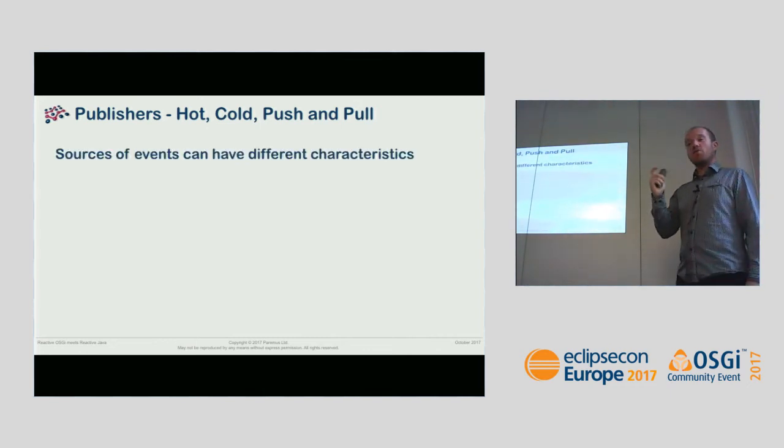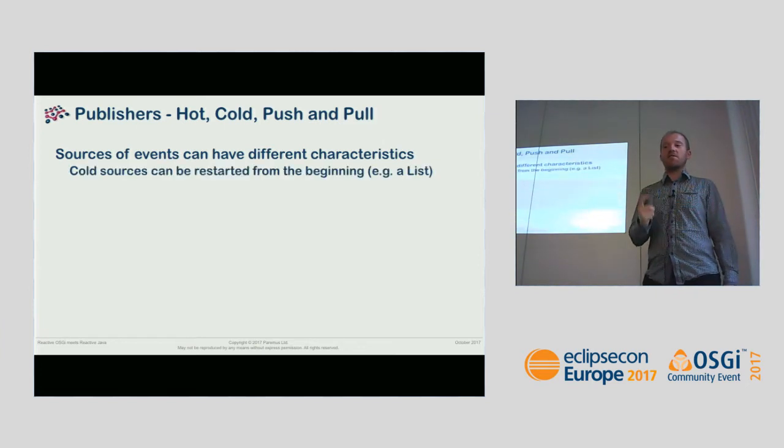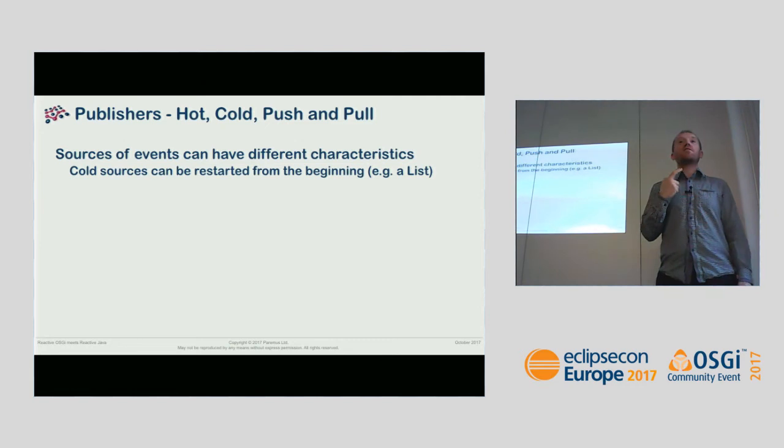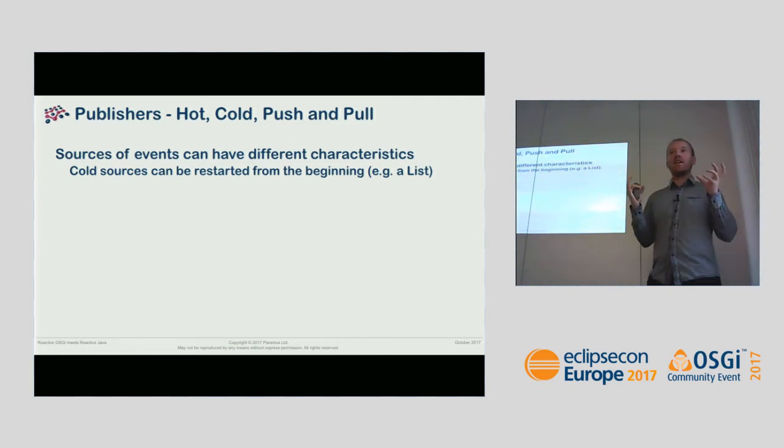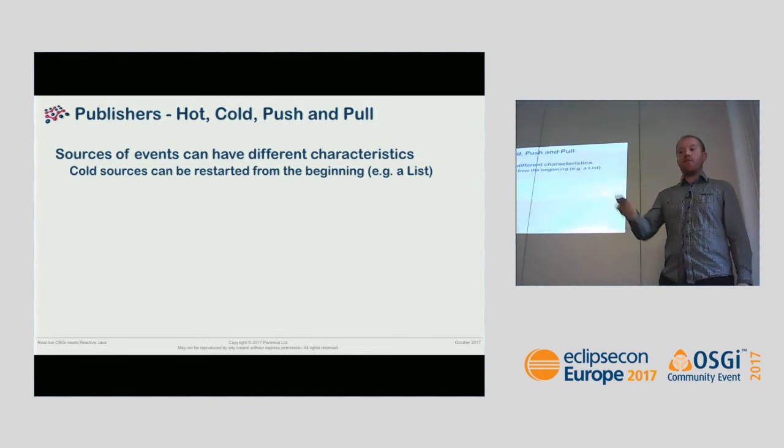And this is the source of your event having a different characteristic. So a cold source is one that can be restarted from the beginning at a later point in time. So if I have a collection, like a list, I can always go back to the beginning of the list and start replaying the data again. And I can do that over and over and over.